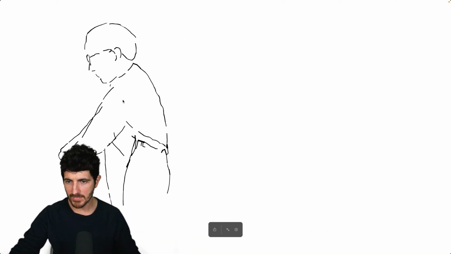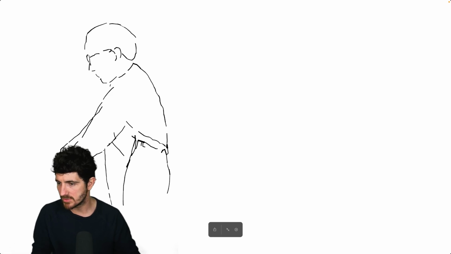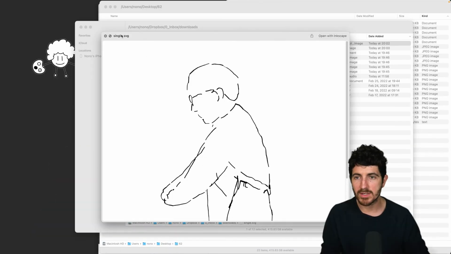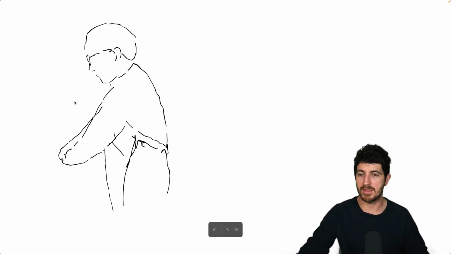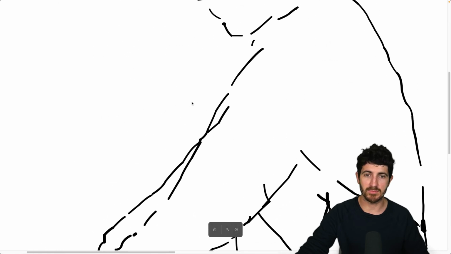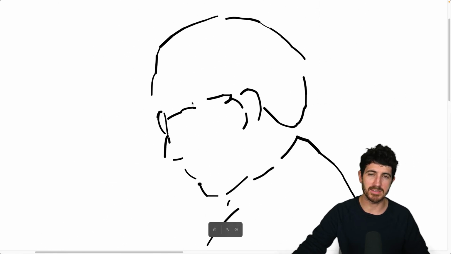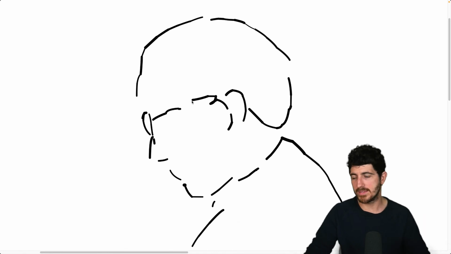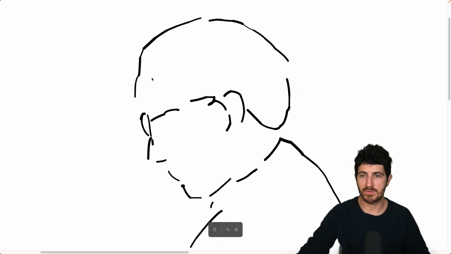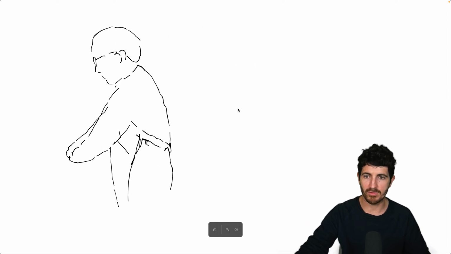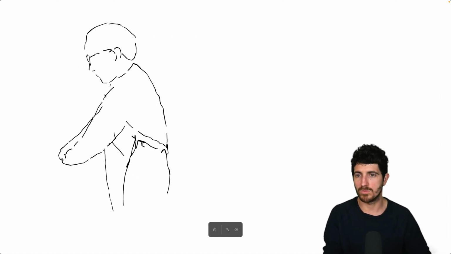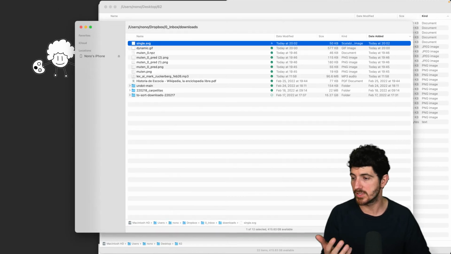Let me jump to the other side of the window. This is a vector representation of a sketch that I've done by hand, and I think it's pretty impressive because it's stroke based, and it has some concept of thickness, and it does look really similar to the original sketch, right?